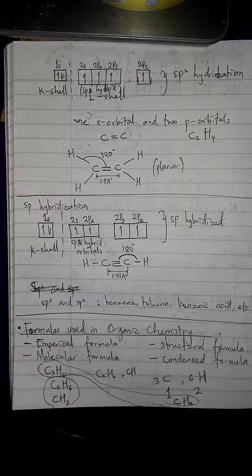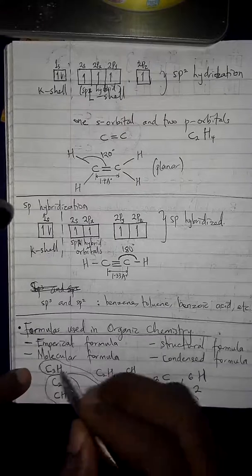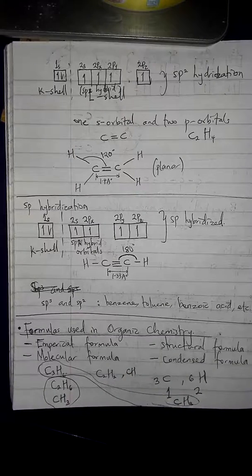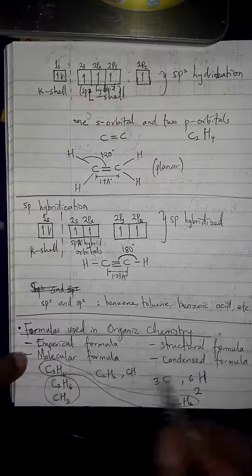This is what we usually use when we're writing chemical equations, and when we want to name organic compounds. We actually have to use their molecular formula. That's when we want to know the actual ratio of combination of the elements in each molecule of the substance.